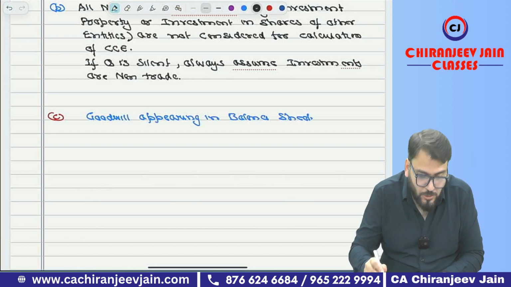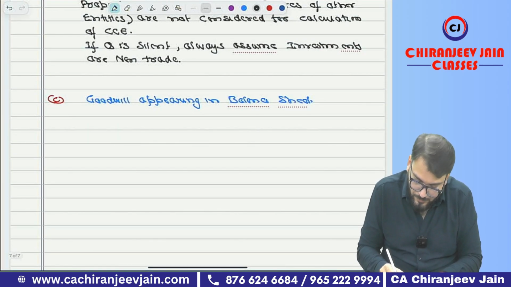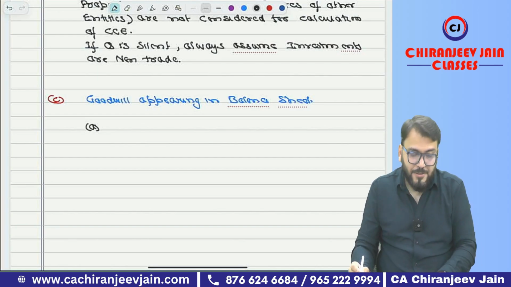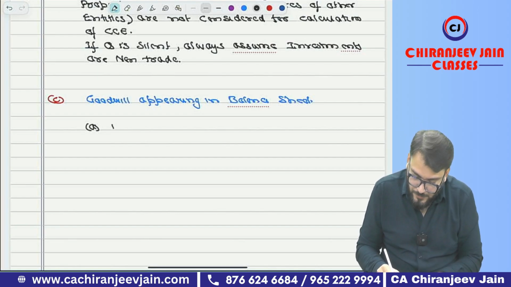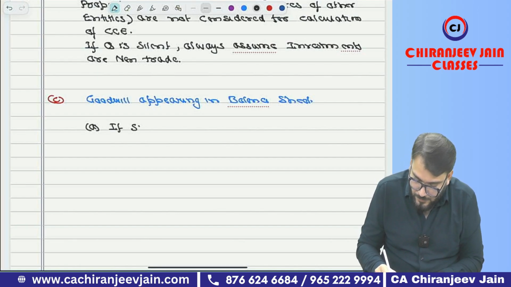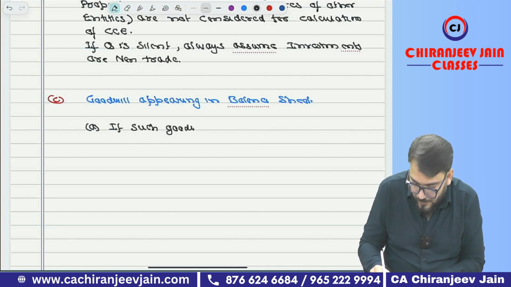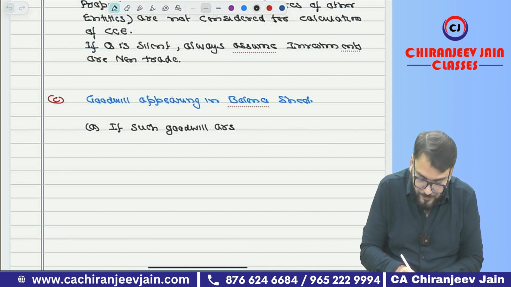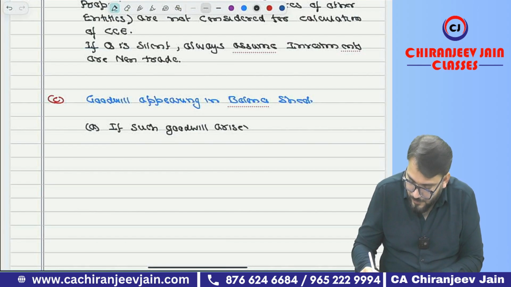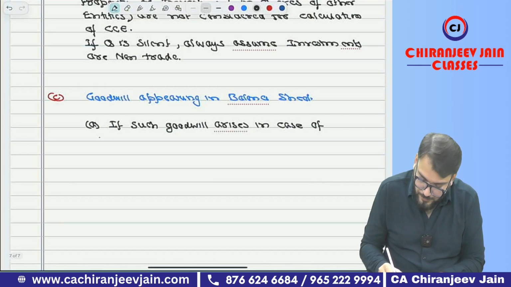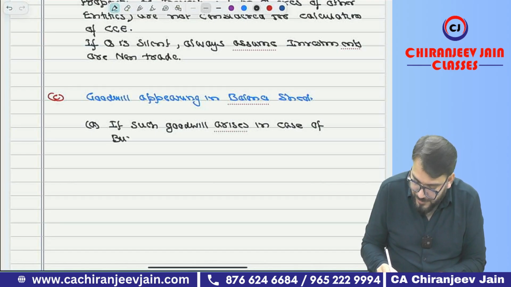Now, actually, there are two types of goodwill. Point number A: if such goodwill arises in case of business combination.